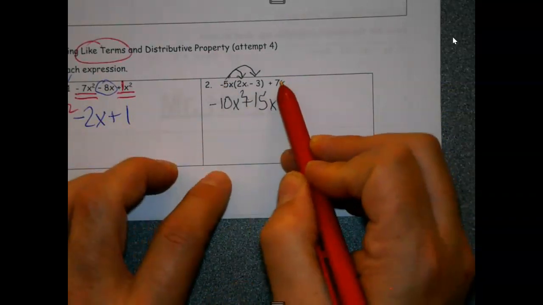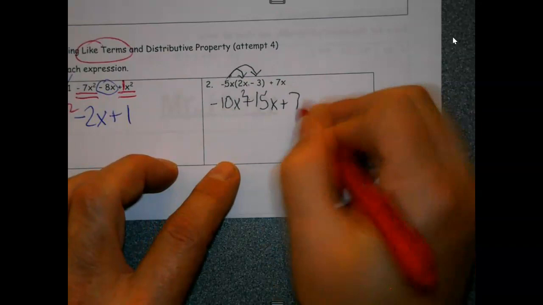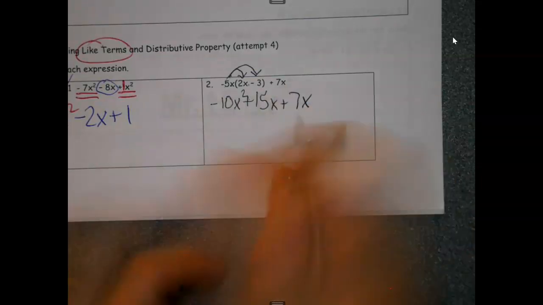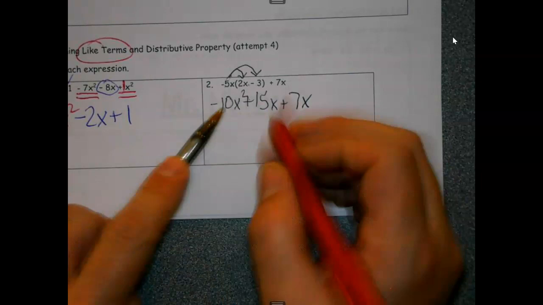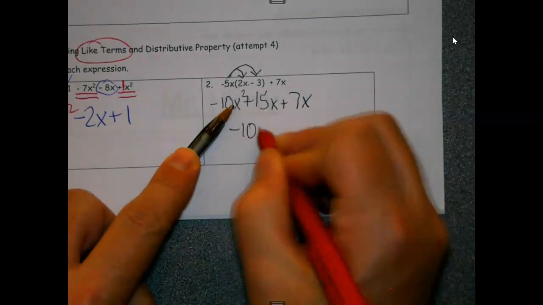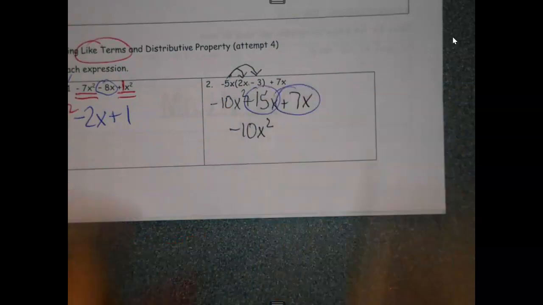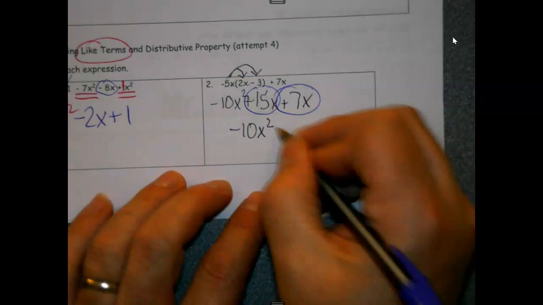No, it is not in parentheses. It just gets to stay the way it is. But once the parentheses are gone, once I've done my multiplying, I look and I'm like, that's the only x squared, so we'll leave it. These are both x's though, and they're both positive, so it's 15 plus 7.